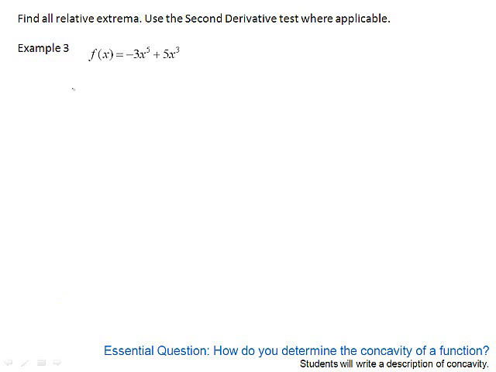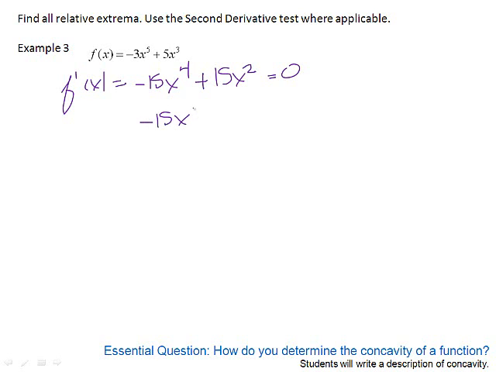Okay, so let's start by taking the first derivative. So what do we get for our first derivative? Plus 15x squared, good. Okay, let's go ahead and get our critical points off of that this time. So I'm getting my critical points next. So I set equal to 0, what do I do?